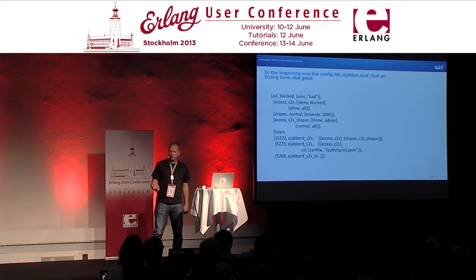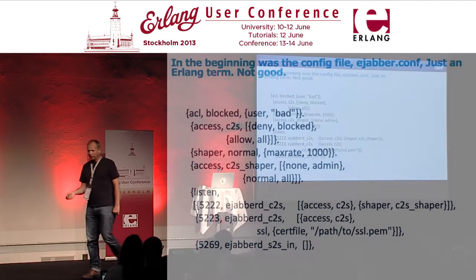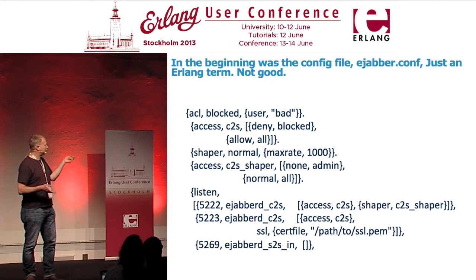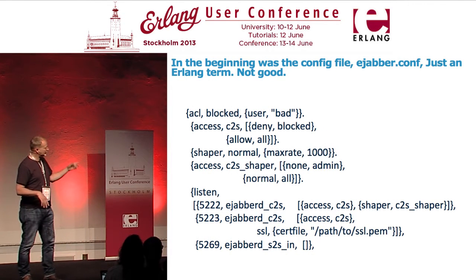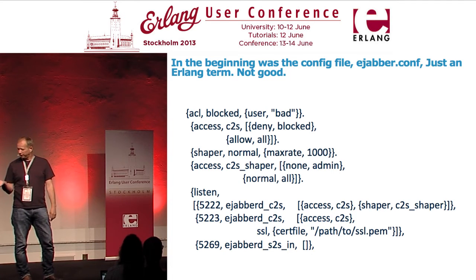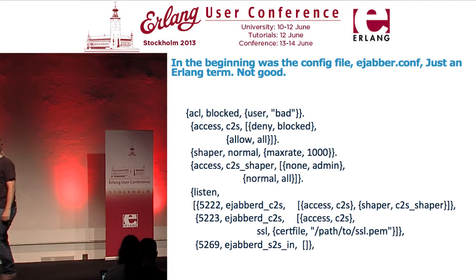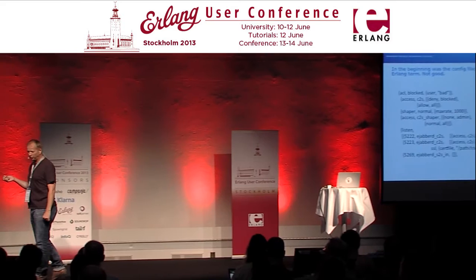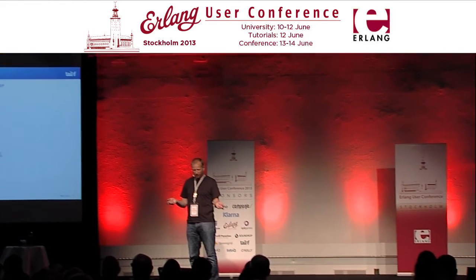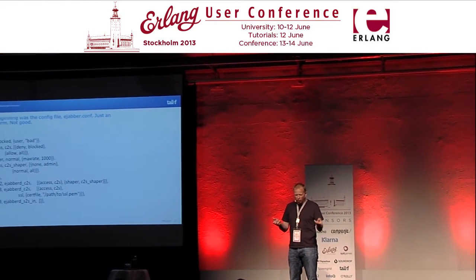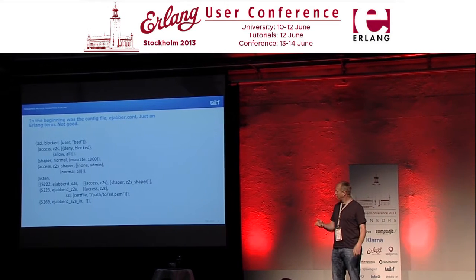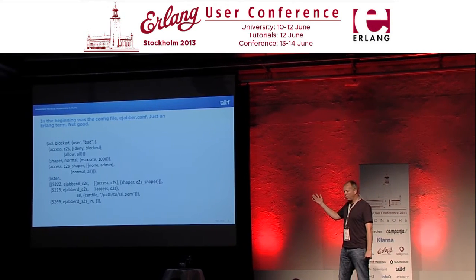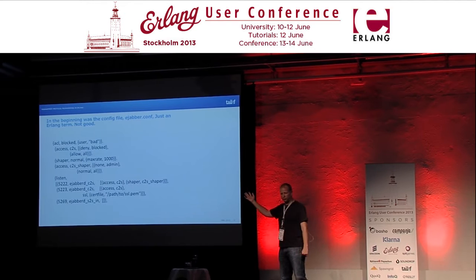In the beginning was the config file. This is the easiest way to configure a program. This is something all of you have done. And there are actually good and bad config files as well. This is an example from ejabberd.conf. It's just an Erlang term. Do you like it? It's horrible. There's no way for the user to look at an existing config file and figure out anything.